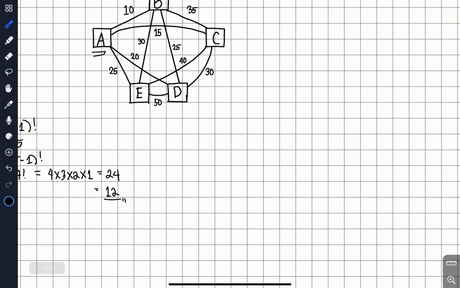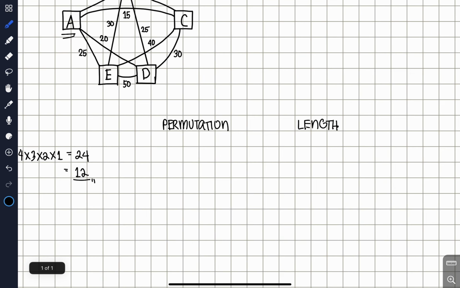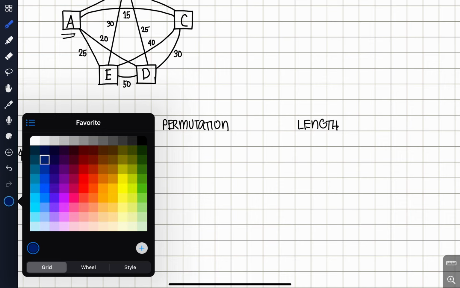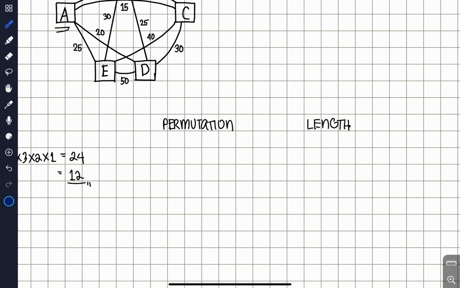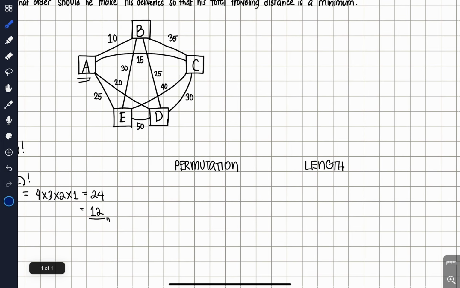Let's put here permutation, then we put here the length. So for our first, let's look at our figure, A, B, C, D, E, and A.